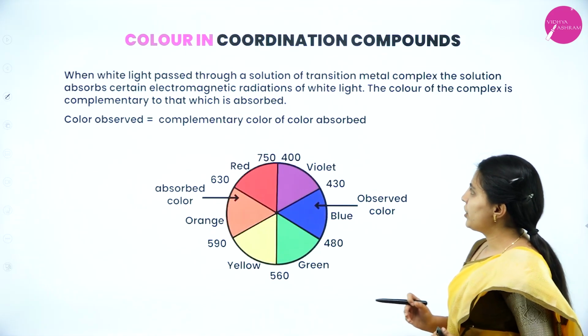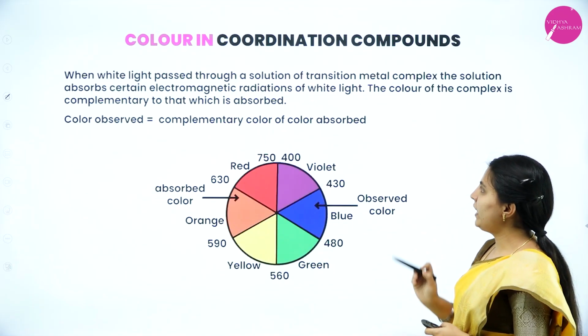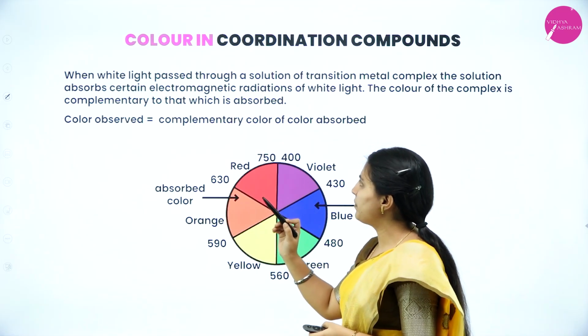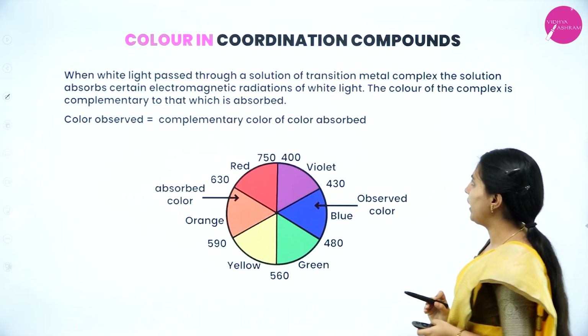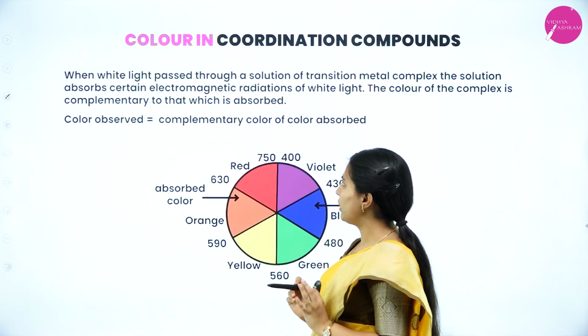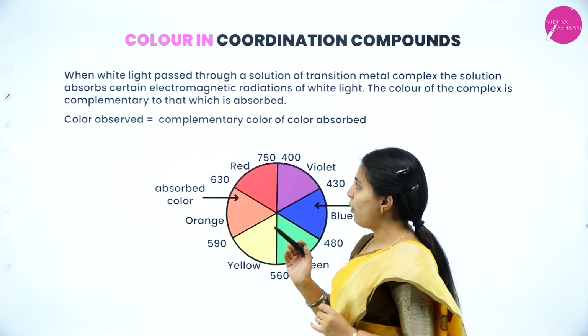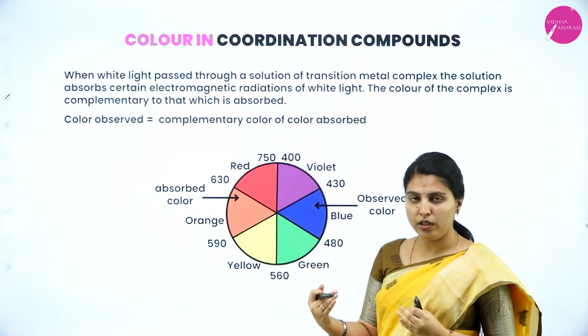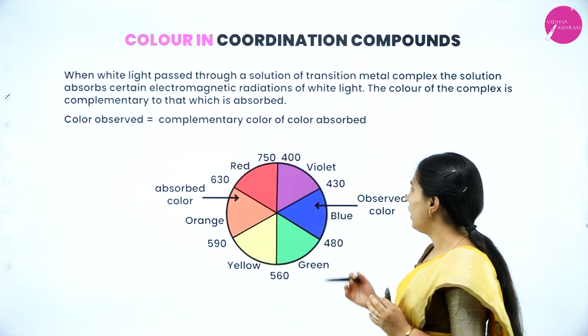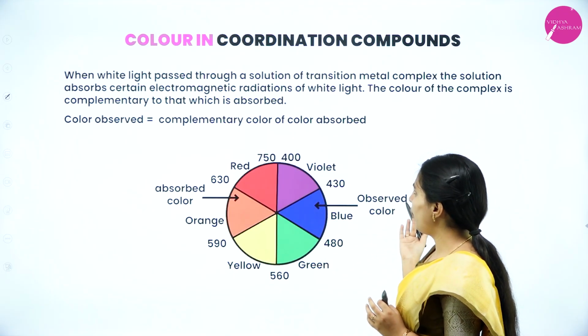Color in coordination compounds. When white light passes through a solution of transition metal complex, the solution absorbs certain electromagnetic radiations of white light. The color of the complex is complementary to that which is absorbed. Means whatever color has been absorbed by the solution of the transition metal complex, the complementary color will be given out.